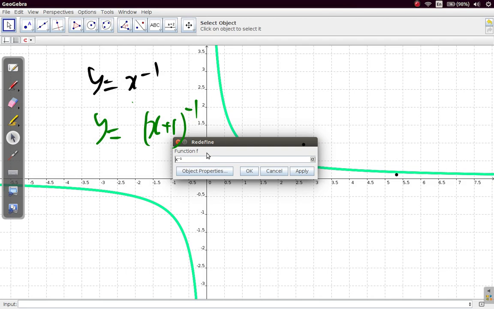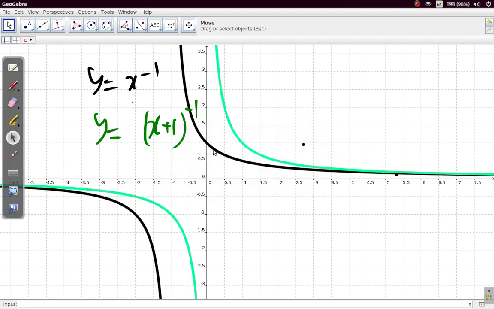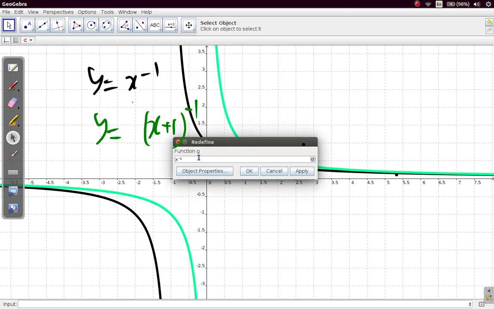It was the black graph that we modified a while ago. I want the green graph to be modified. What happened? They were lying down right on top of each other. When I selected, I didn't know whether it was the black or the green graph that I actually selected.